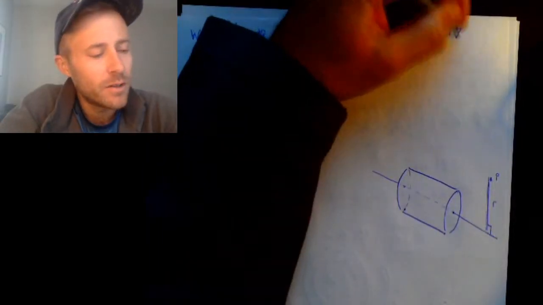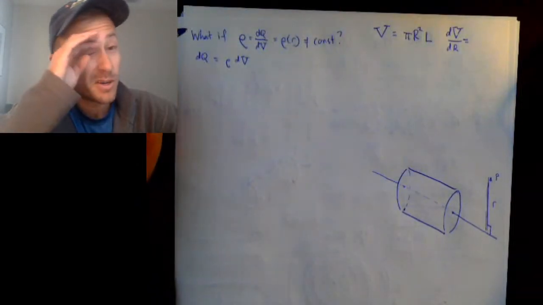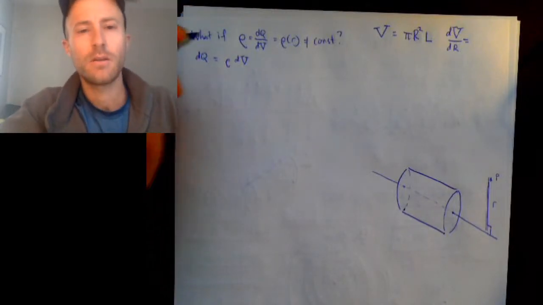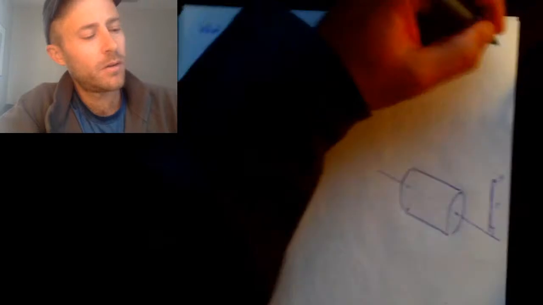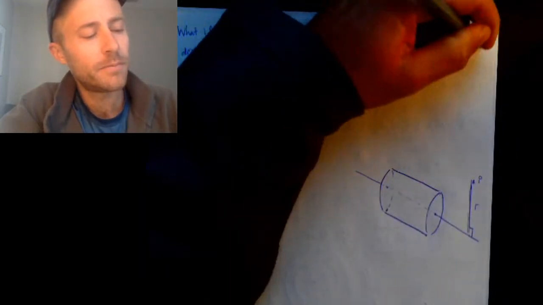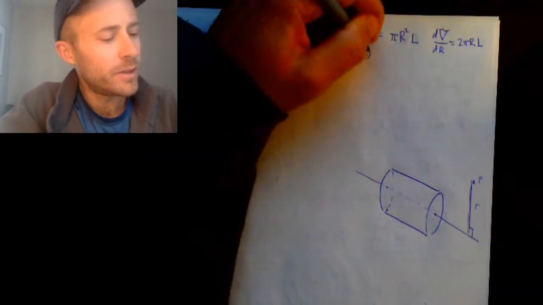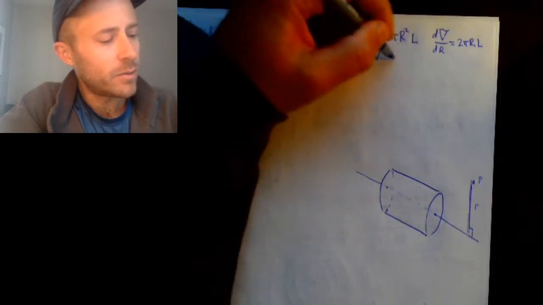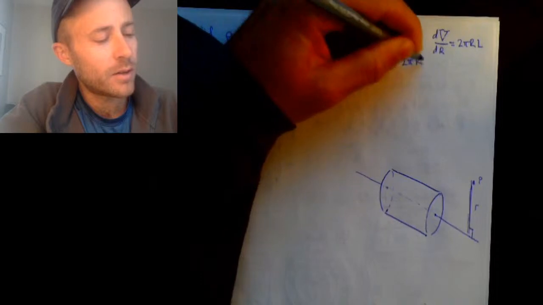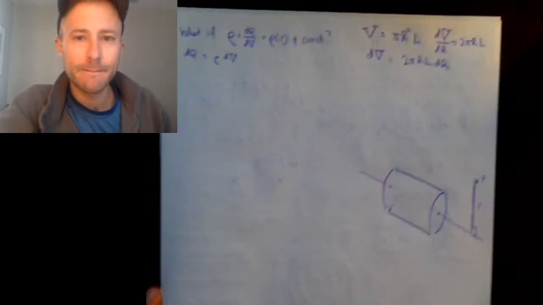So dV dr is equal to 2 pi r times L. Multiplying both sides by dr, we get that dV is equal to 2 pi r L dr.